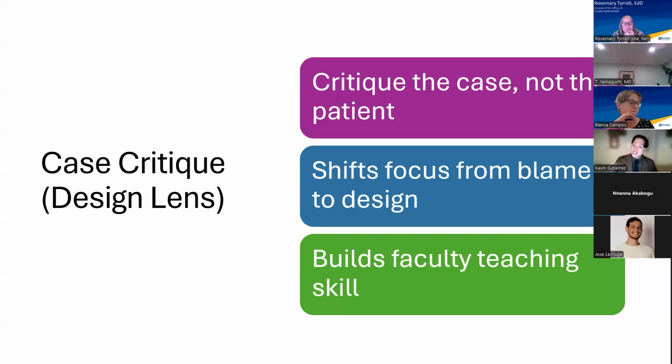Similarly at the case level, rather than blaming a patient or focusing on individual pathology, we want to talk about how the language in the larger case is designed to shift that, encouraging people to see that the way we design things is ultimately designed to produce a certain outcome. Based on how we design the case, that's how we encourage people to engage with it. This is where function and design overlap.